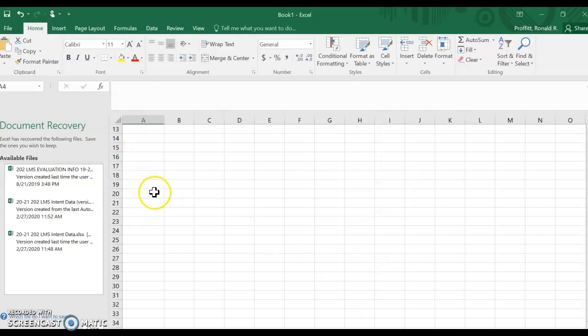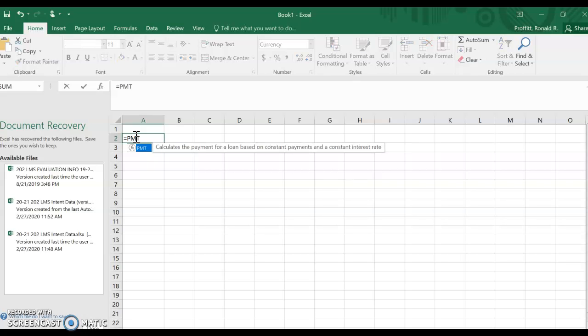So what I can show you is how to do that in Excel. You just go to Excel, I'll clear out what I have in here. Pick any block, type in equals PMT and parentheses, and type in your APR, which was 0.06 divided by 12, comma, the number of periods, that's going to be 30 years times 12 payments for each year.